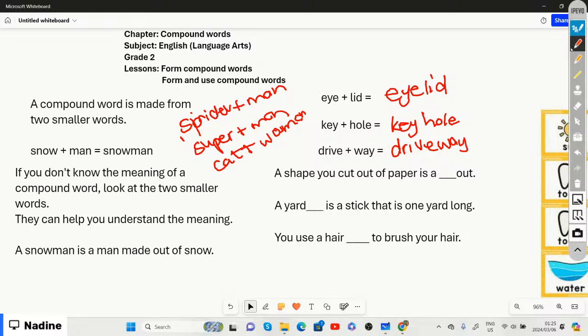All right, so we said a shape you cut out of paper is a cutout.